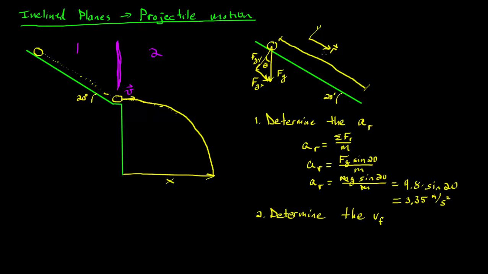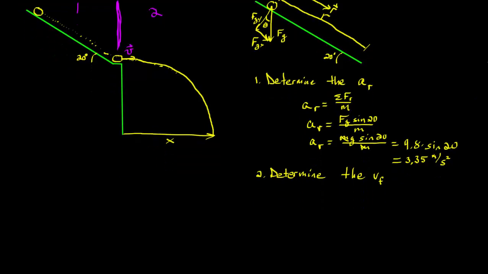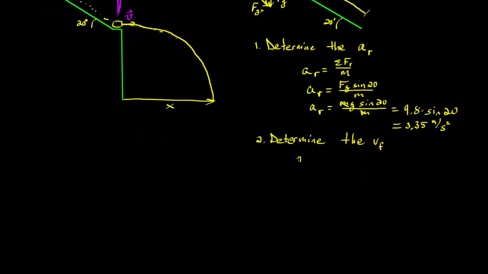So it goes some distance down the ramp. So we use the acceleration that we just found, and we don't know time, so we're going to have to use Vf squared is V naught squared plus 2a times, instead of x, r minus r naught. But that's just the change in r.